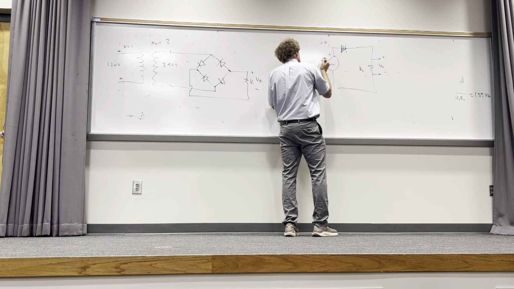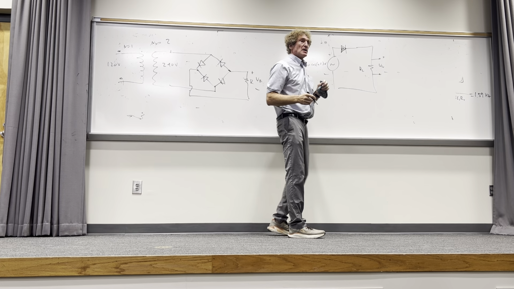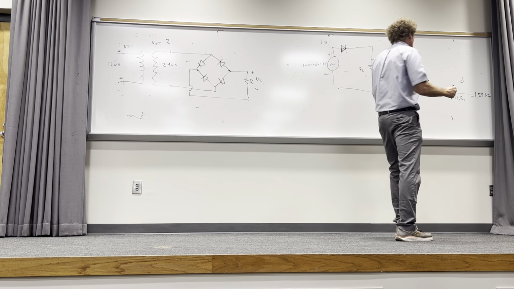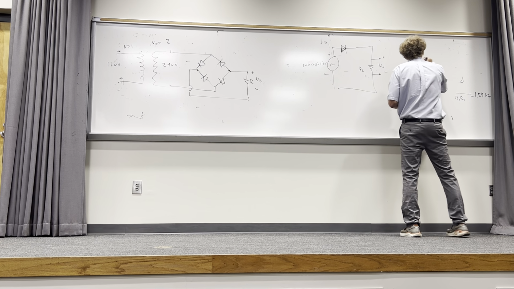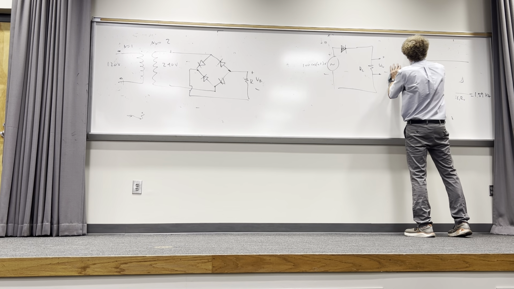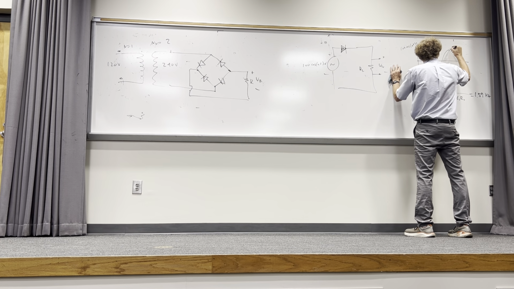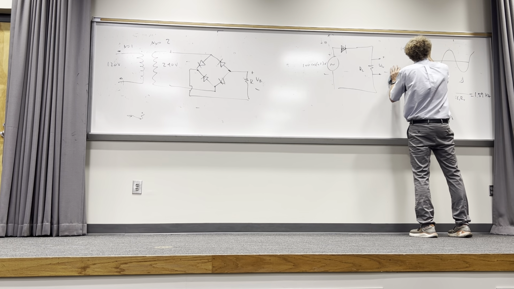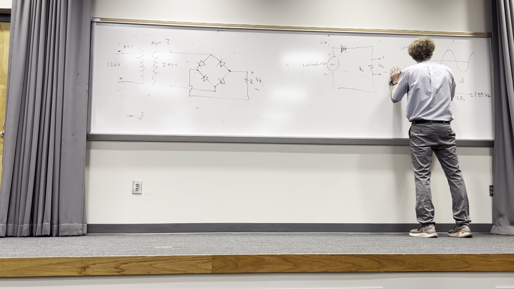I know this voltage is going to be 100 cosine of omega t volts. If you looked at the voltage waveform on the input, this would be the actual source voltage, 100 times cosine of omega t, with a peak value of 100 volts and a minimum value of minus 100 volts.